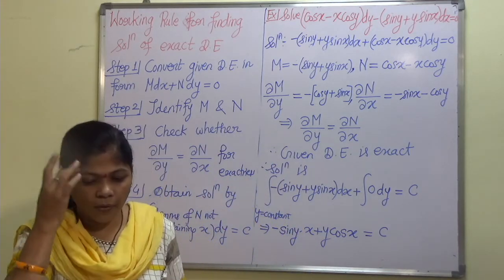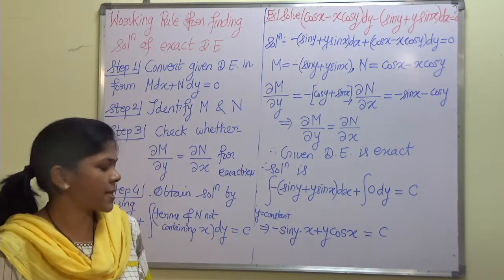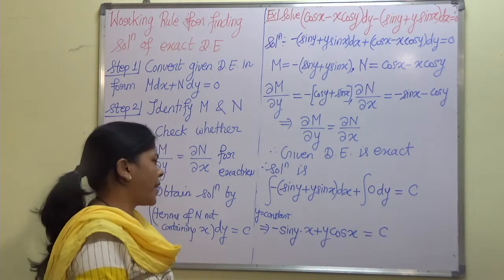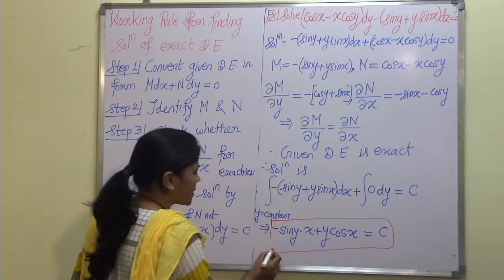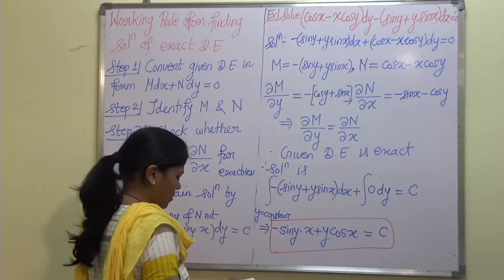So see what we have: minus x sin y plus y cos x is equal to c. Like this we have obtained a solution.